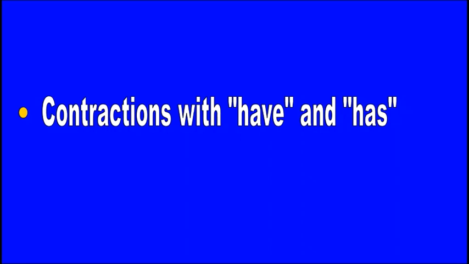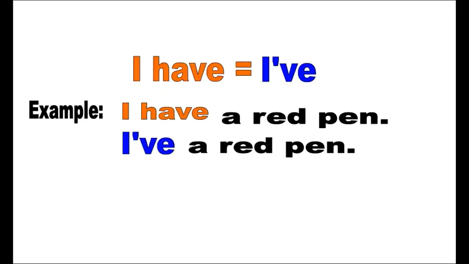Now, the contraction of I have can be written as I've. You write the I, which is the pronoun, apostrophe ve. So you take away the first two letters in have, which is ha, and write ve. Example: I have a red pen.